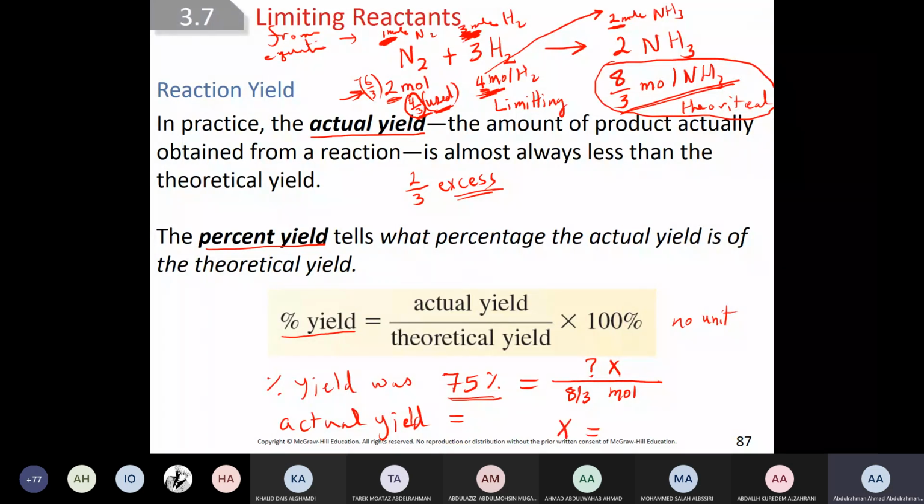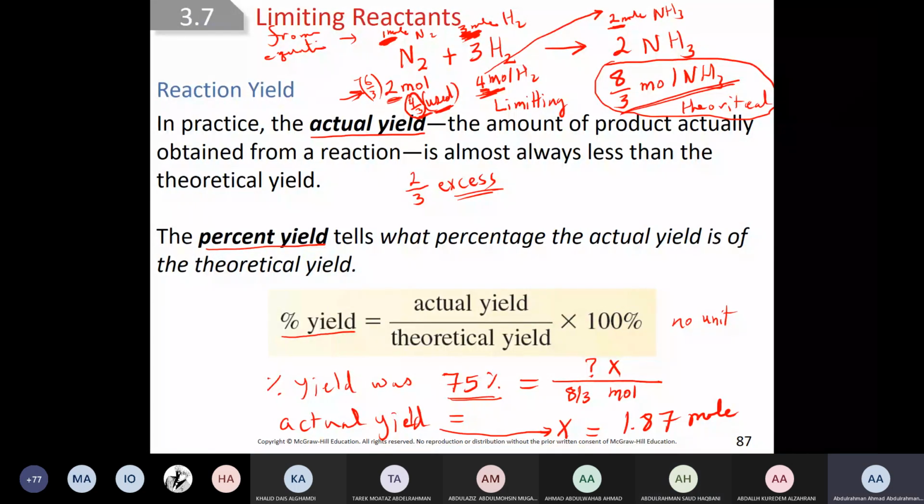Yes, cross multiply. 1.87. Do it in your calculator. 1.87 mole. What's x? NH3. It's the actual yield.